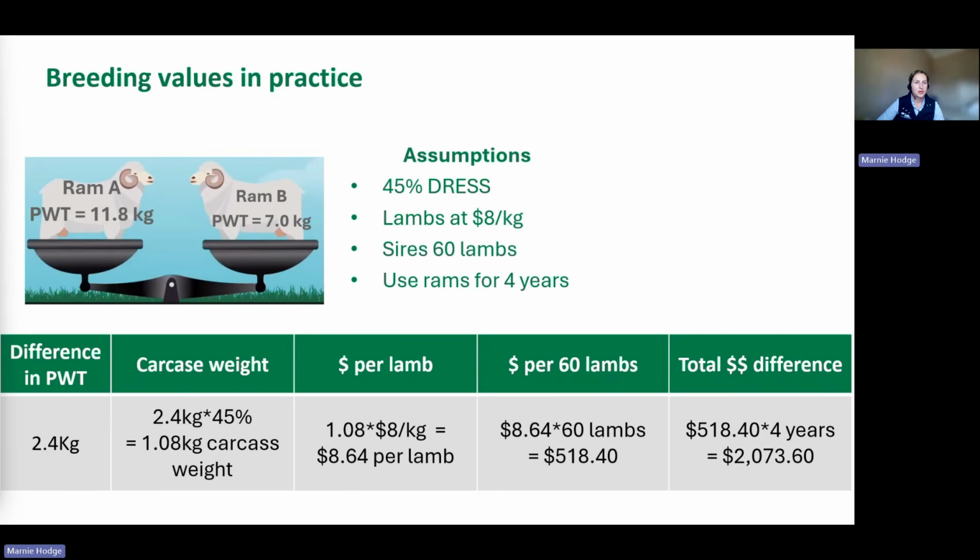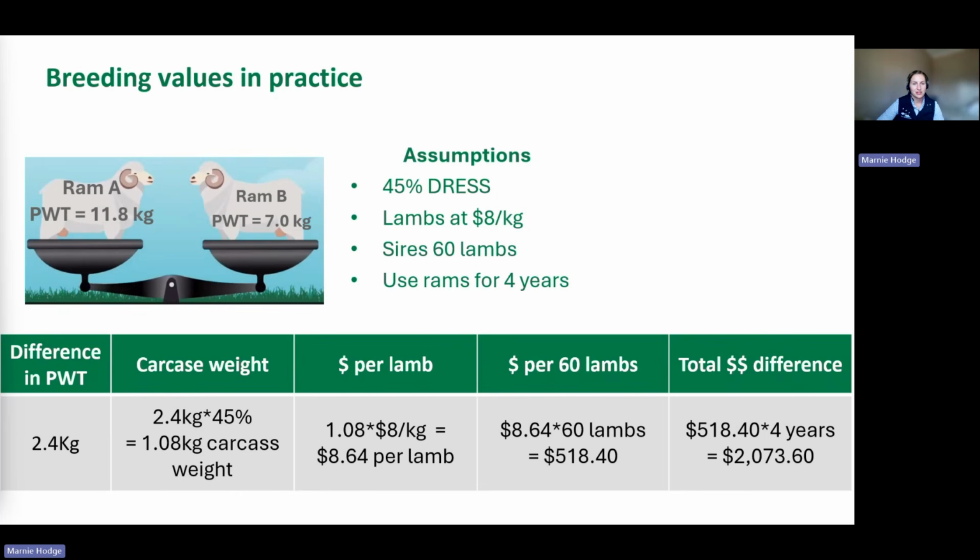Again, remembering to find the difference between Ram A and Ram B, we want to take 7 kilos from 11.8 to find the difference between the two and then divide that by 2. That gives us a difference in post-weaning weight of 2.4 kilos. We then apply a 45% dressing to that, which gives us a 1.08 carcass weight.